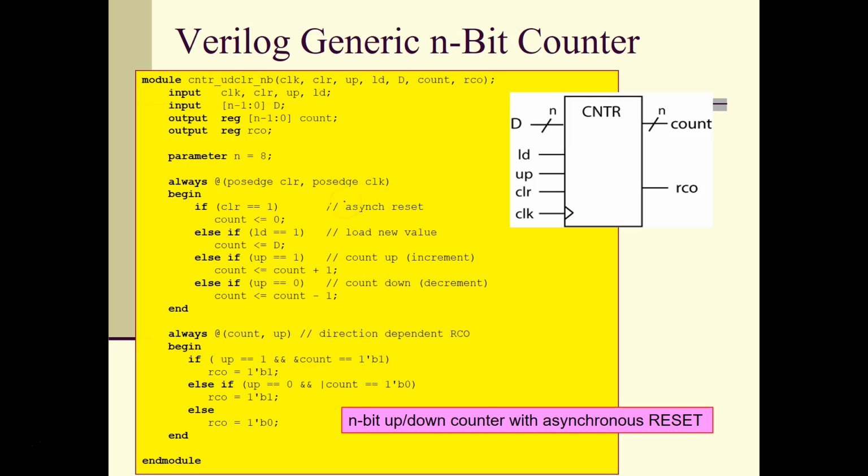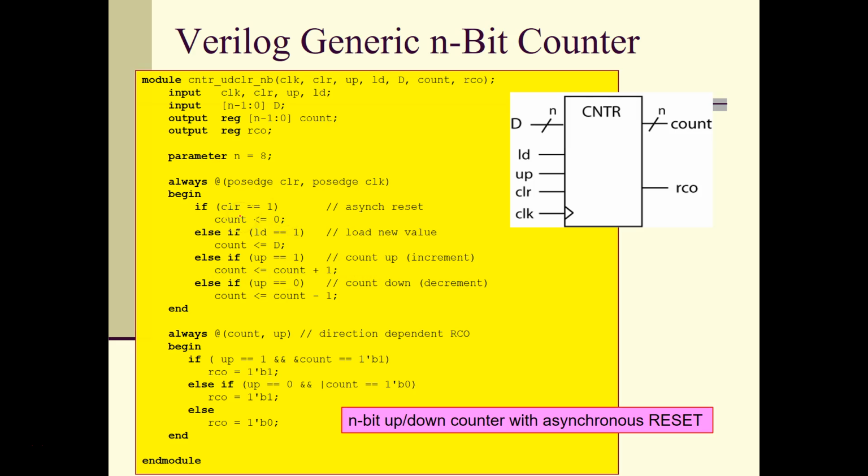So the issue here is, by the way it's written, I have a load, an up, and a down. This happens to be an up-down counter. The problem with this counter is it has no load input, and so it's sort of an issue. I actually already uploaded a new counter to the website, where I removed that last else if here.